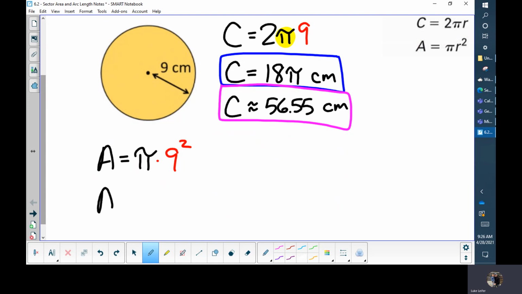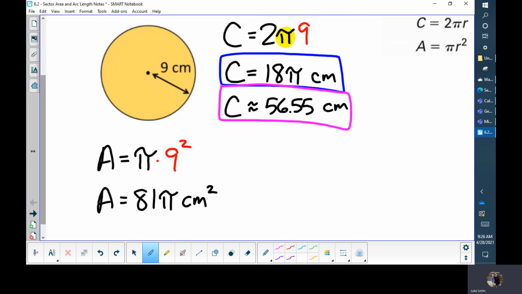So area equals 81, and I leave the pi in there. Since we're talking about two-dimensional, instead of centimeters, I would have a centimeter and a centimeter. When I multiply a centimeter by a centimeter, you get centimeter squared. You can also call that square centimeters. It means the same thing.